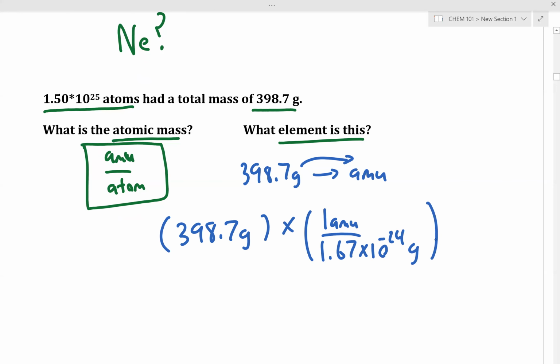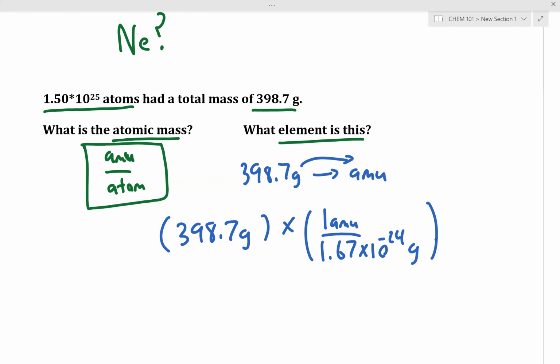So in effect, we've converted from grams to AMUs, and let's punch that into our calculator. So we have 398.7 divided by 1.67 EE negative 24. And that gives us a very large mass in AMUs.